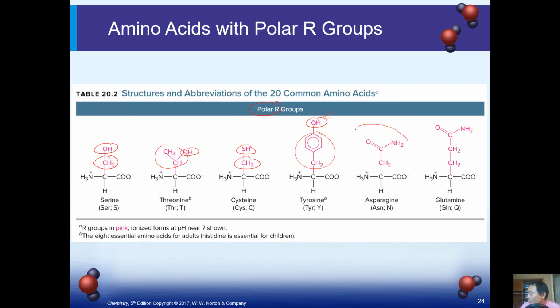So this one, asparagine, is also polar. So you see CO double bond, or OH, or you have an SH. Again, we will not ask you to write the structures of each amino acid, but if we give you the structure, you should be able to classify them.